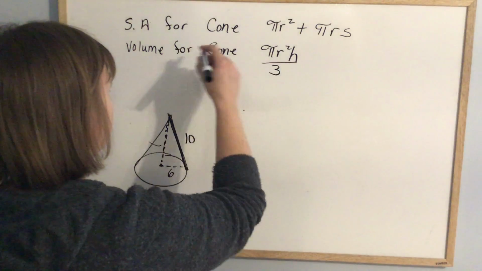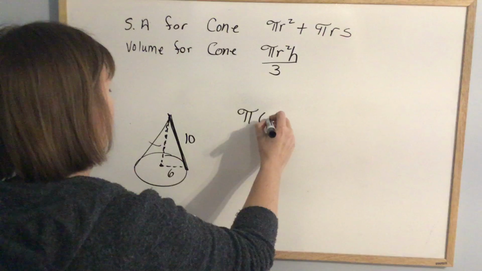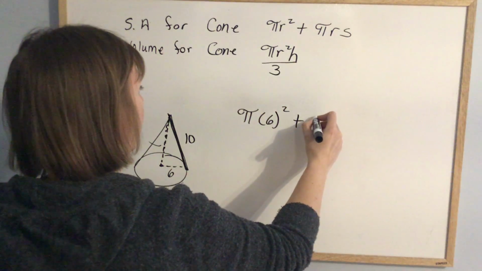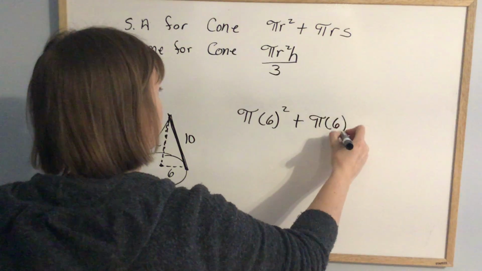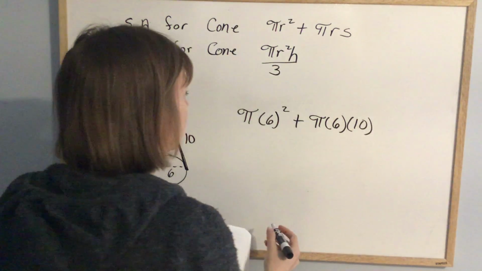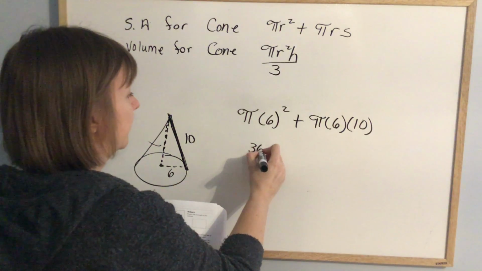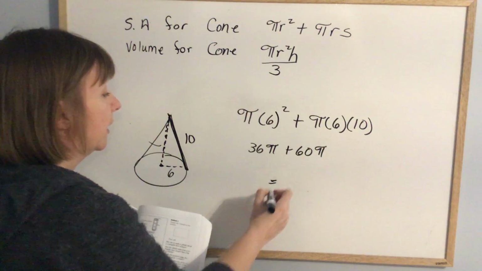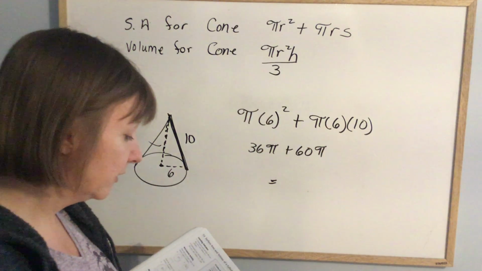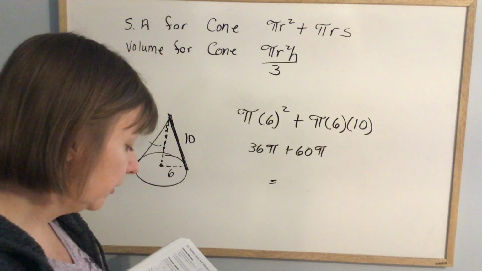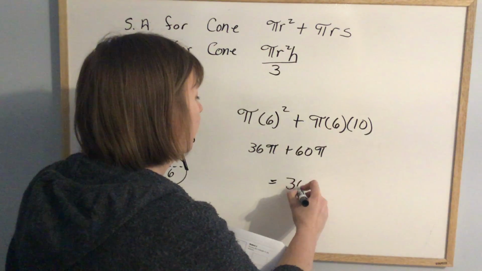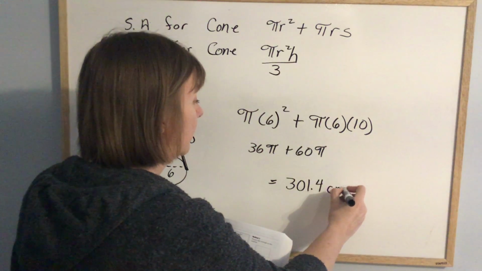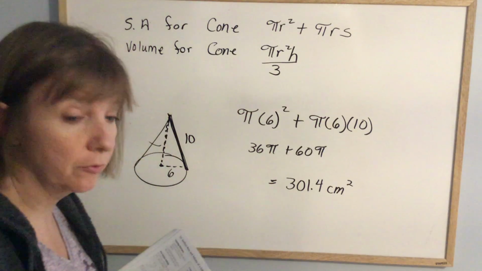Surface area is pi times r squared, so 6 squared, plus pi times the radius times the slant height. So this is really 36 pi plus 60 pi. And I would just put that in my calculator, 36 pi plus 60 pi, and it works out to be 301.4. And again, this would be centimeters squared. We're finding surface area here.